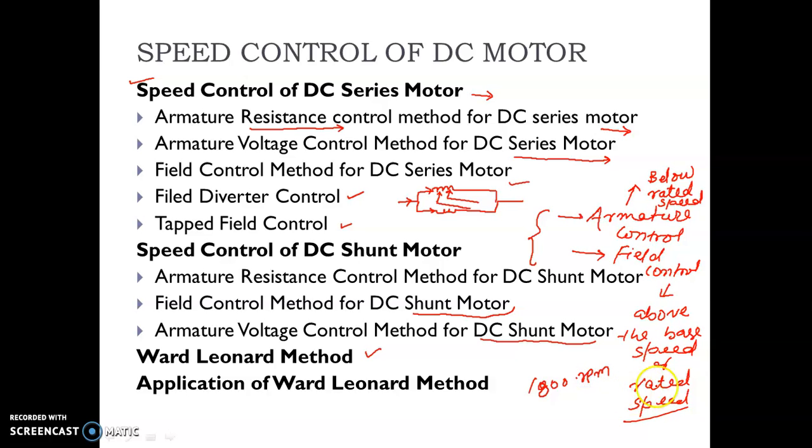By application of field control, more than 1800 RPM can be obtained. But in case of armature control, the speed will be less than 1800 RPM; it will not be more than 1800 RPM. It will be less by armature control, and by field control the speed will be more than the rated speed of the machine.